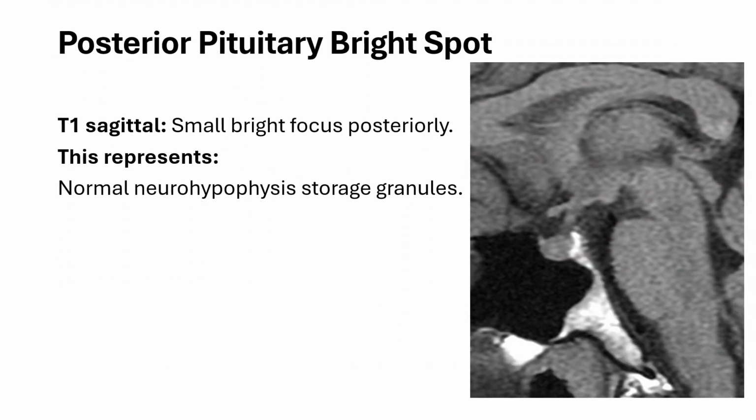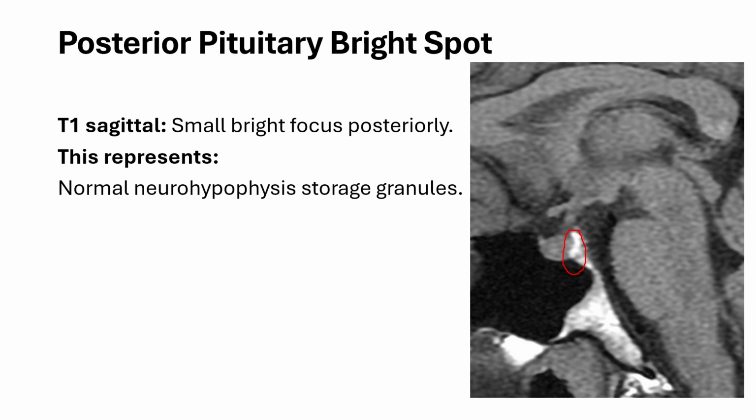There is a very important feature of the pituitary gland seen on T1 weighted image, that is the posterior pituitary bright spot. We can see here a small bright spot in the posterior pituitary. This represents the normal neurohypophysis, which contains storage granules; the hormone produced in the hypothalamus is stored in the neurohypophysis, and this is a normal physiological phenomenon.